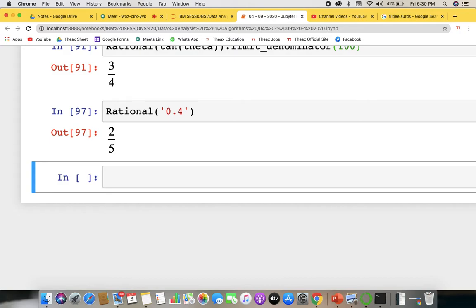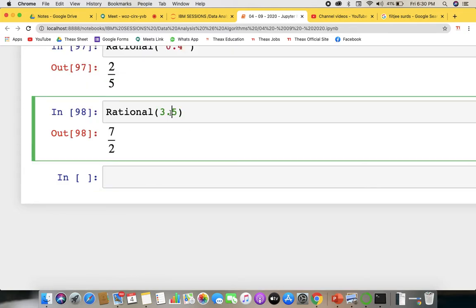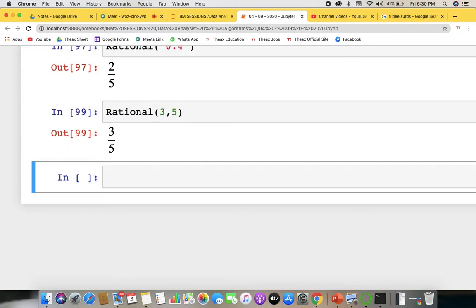Okay. So if you want to represent something in a fractional value, you can easily write according to this, whatever you need, right? You can also write rational of 3 by 5, like this.